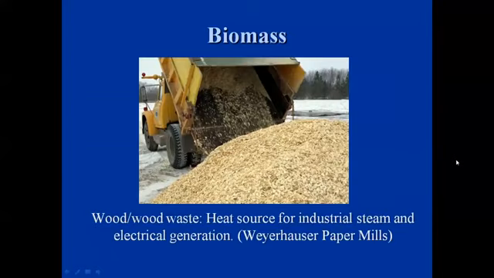Wood and wood waste. These are normally the byproducts from large wood mills and paper mills. And what they'll do is, again, to be efficient and to be environmentally conscious, they'll go ahead and use the wood or the wood waste, the wood pulp. They can actually burn it, and then it becomes a heat source where they can create their own steam that they'll use in the process, say for instance for making particle board or even paper.